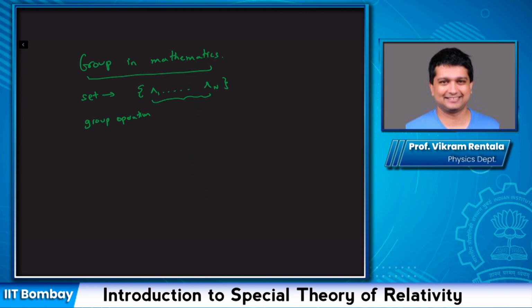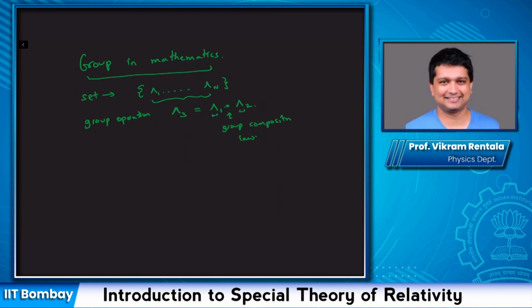That is, we can take any two elements of the set, and using the group composition law, this composition tells us what we would get when we take two elements of this group.